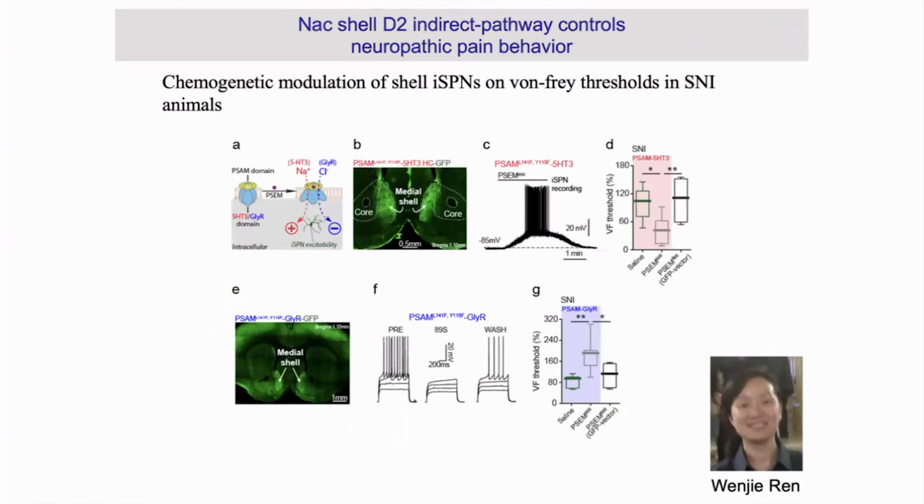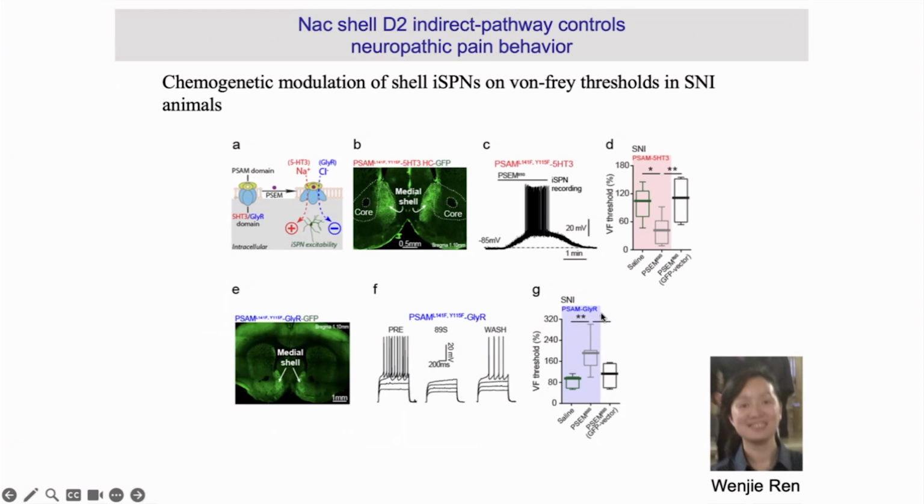And in fact, we can now manipulate the neurons in this region by virus manipulation of increasing or decreasing the excitability of these neurons in this region. And just by changing those properties, we change the animal's behavior.